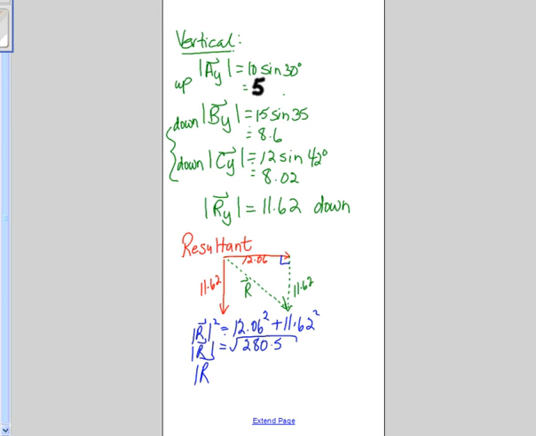Magnitude is approximately 16.7. Down and to the right.